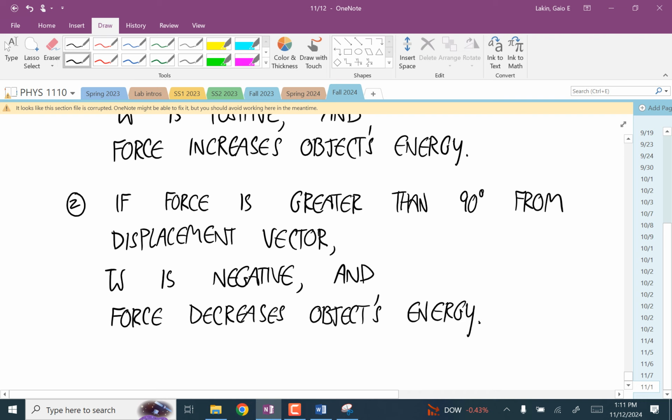Okay, so that would be like if something's rolling towards you, you apply a force in the opposite direction to it, and that has the effect of slowing it down. Okay, so that would be decreasing the object's energy.